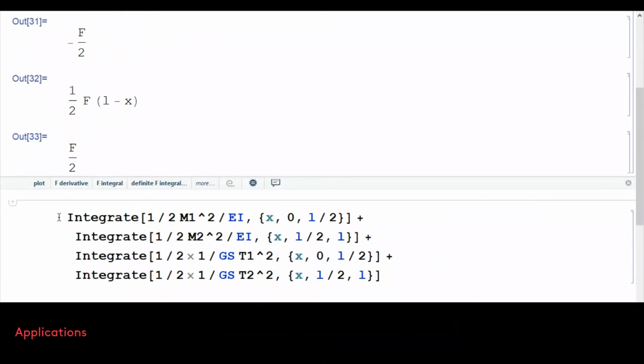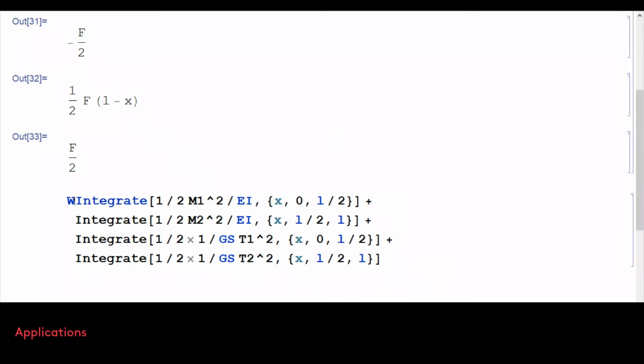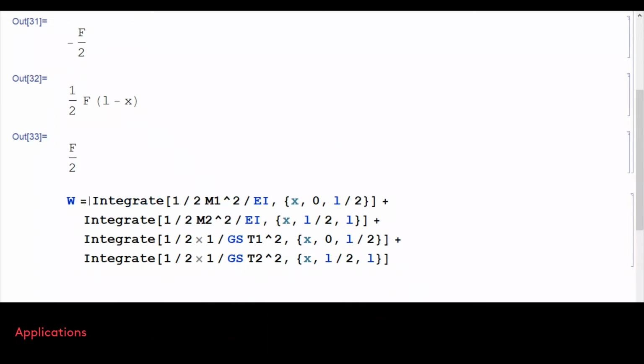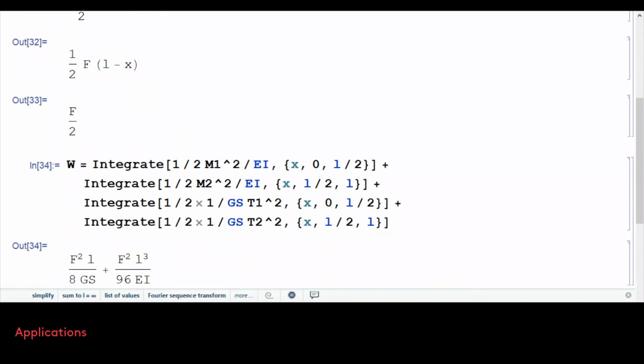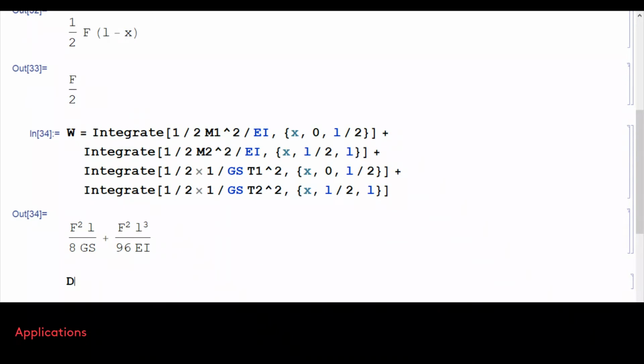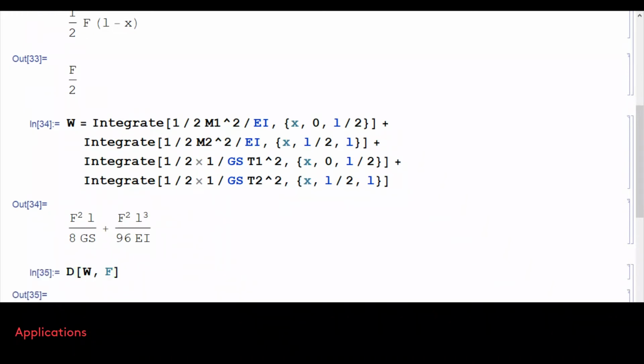Now I will write the strain energy, that is W. I will integrate it, and this is my expression for the strain energy. Now I will take the derivative of the W with respect to F, this will give me delta prime.